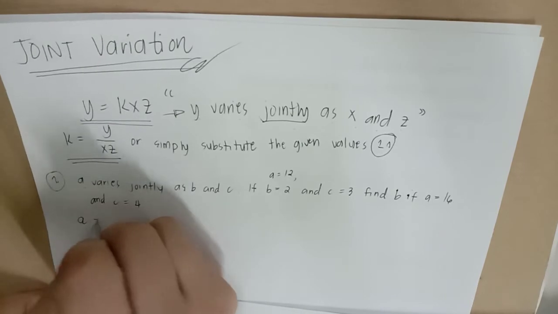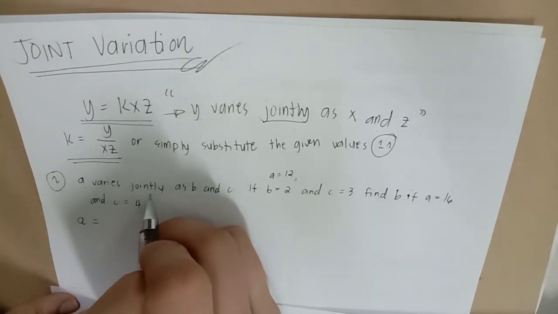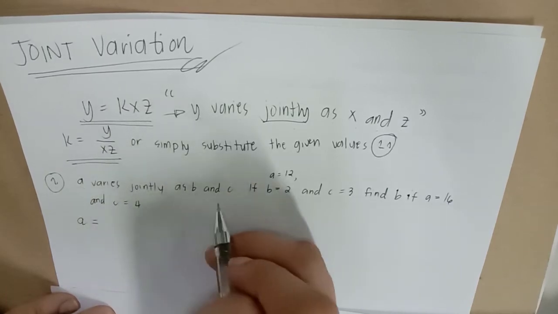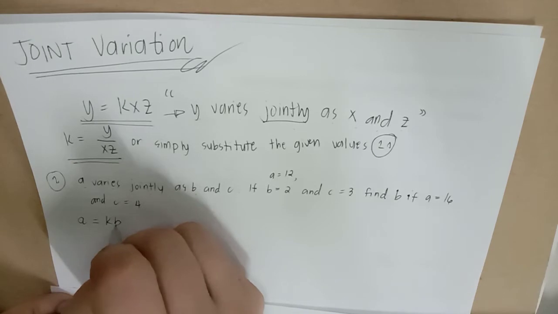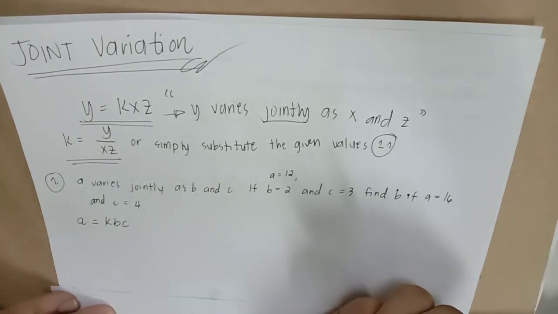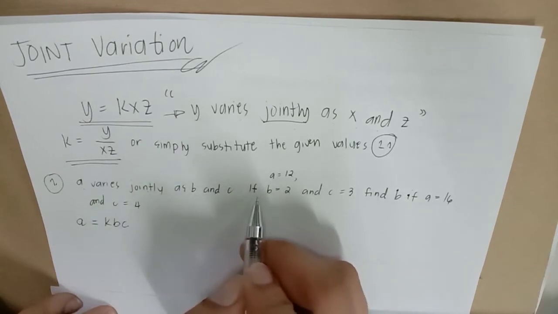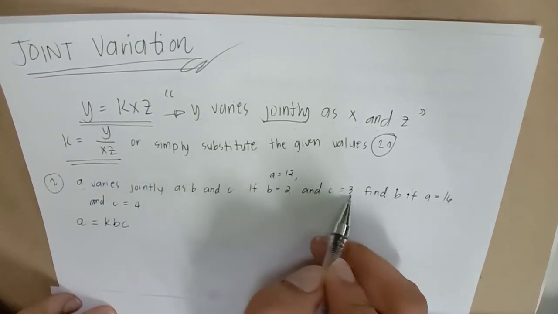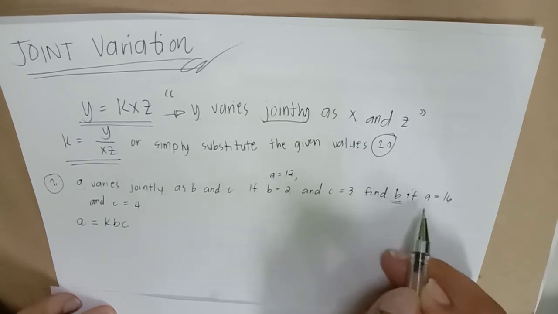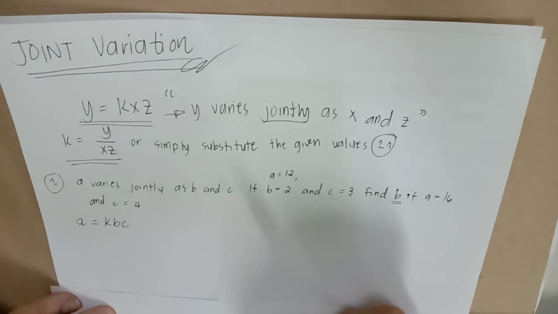So, A is equals to K times B and C. Ganyan lang po. Sabi dito, if A is 12, B is 2, and C is 3, find B if A is 16 and C is equals to 4.